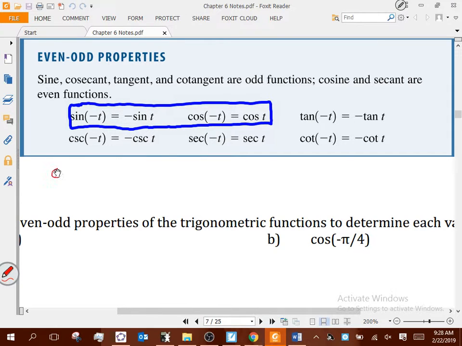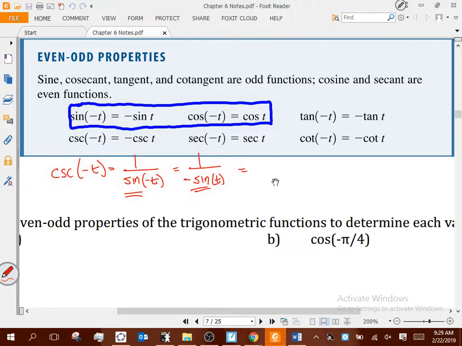Cosecant's the same way. If I take cosecant of negative t, well, cosecant is 1 over what? Sine, right? So can I do that? All right, so then sine of the opposite of t is just that, and that substitution right there, making that turn into this, changes the negative argument to a positive argument, and that's what we want. Okay?